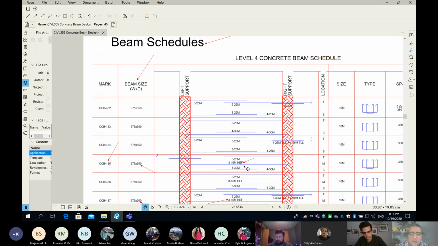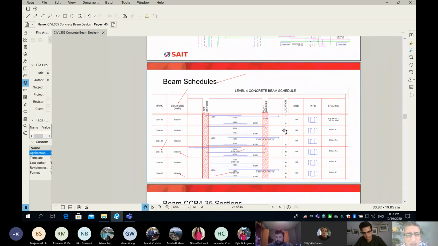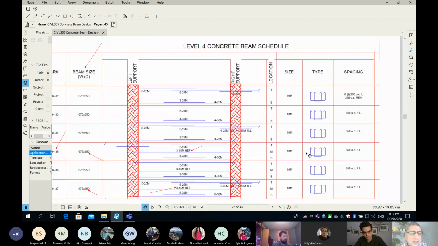With them, we can avoid mistakes and confusion. In any structural set, you will see a beam schedule, a column schedule, a footing schedule, everything comes in a schedule. Whenever you make a change, you only change the schedule, and don't have to trace the change in the entire drawing.